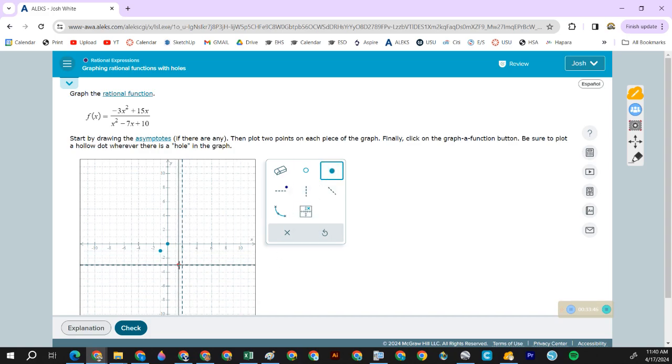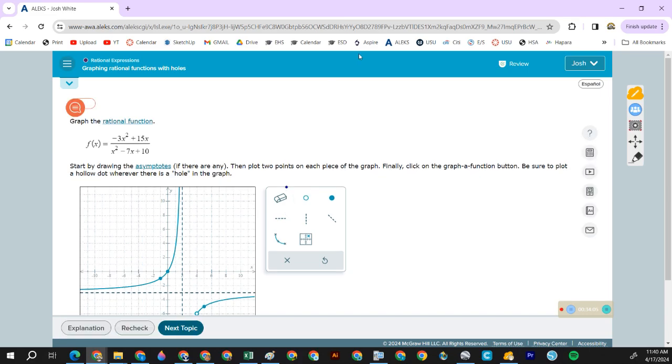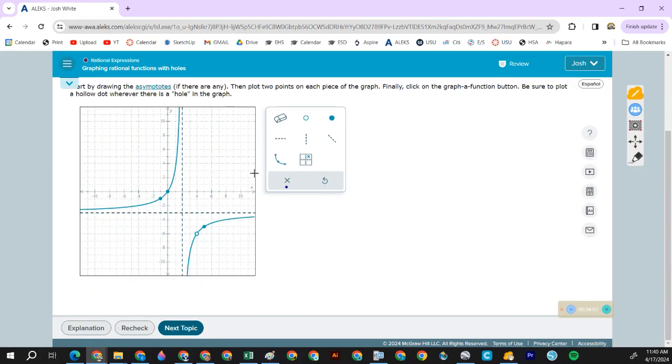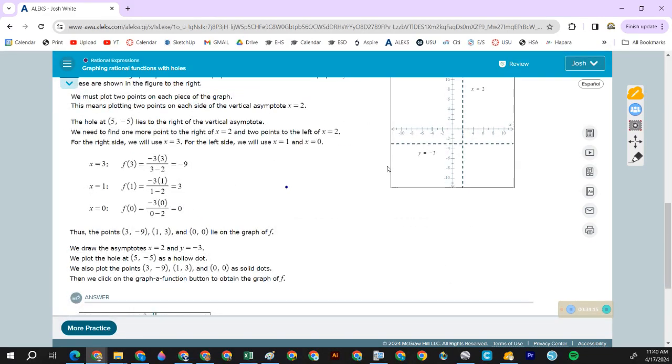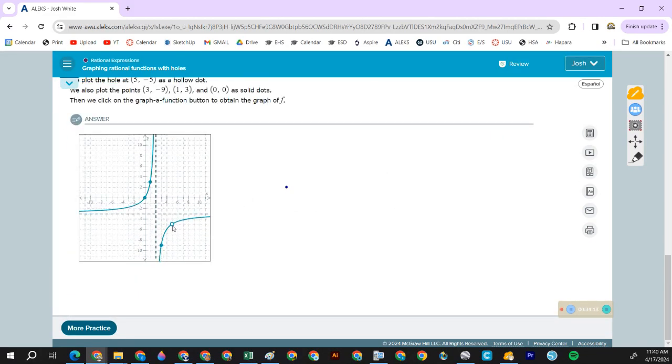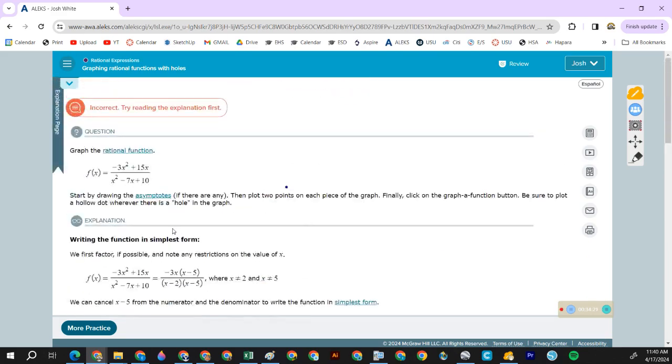So then this is up 3 over 2, so down 3 over 2, and up 2 over 3, so down 2 over 3, and that will help me draw the graph, and then I need to put my hole right there. And what did I do wrong? Oh, the hole was at 5. I'm sorry. I just put my hole in the wrong place.